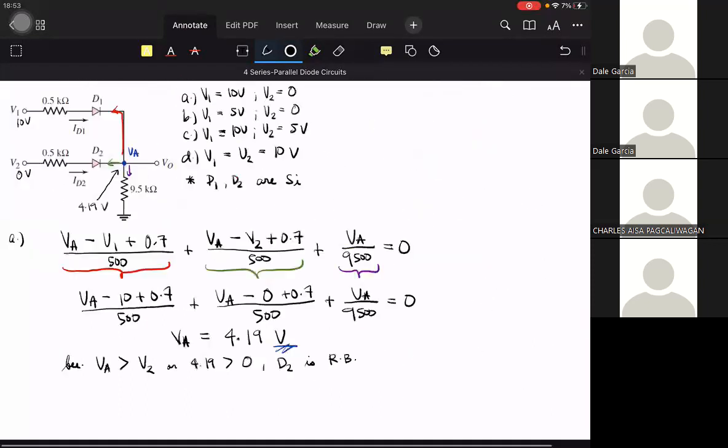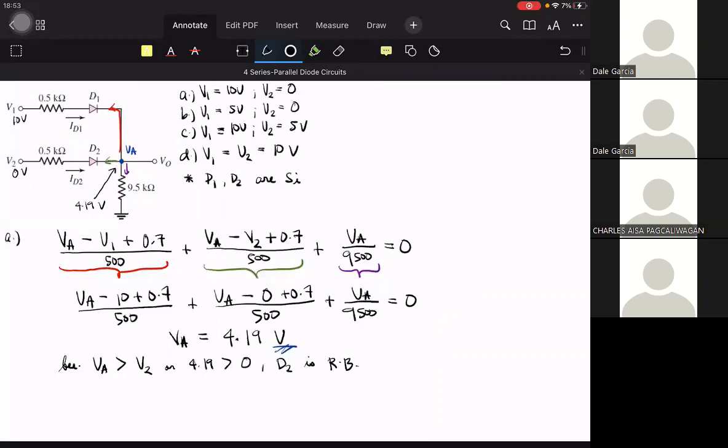So because reverse bias si diode 2, that branch does not exist. And we recalculate our answer. So temporary na siyang 4.19.